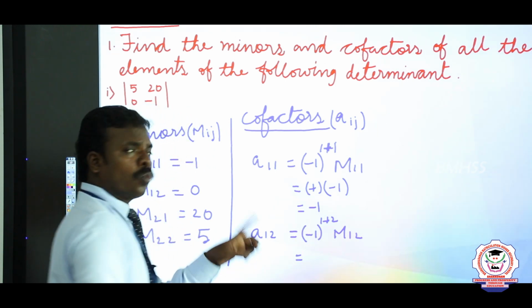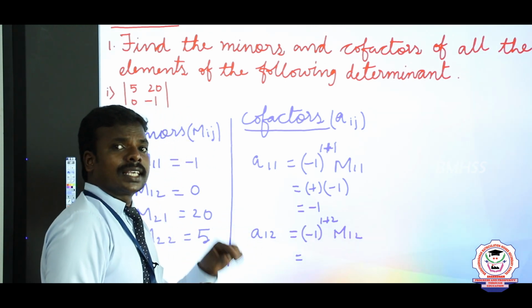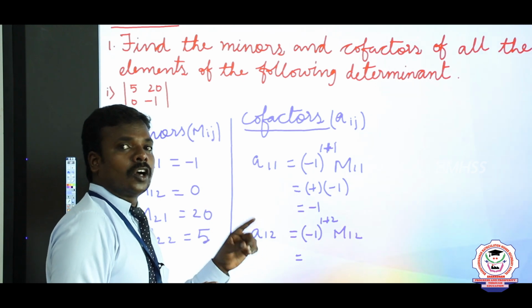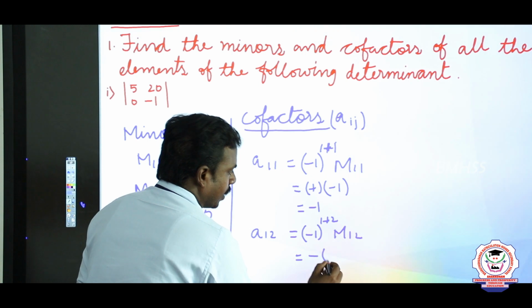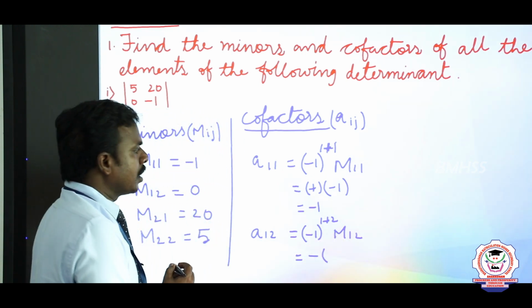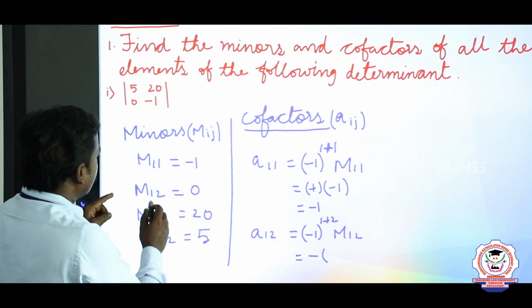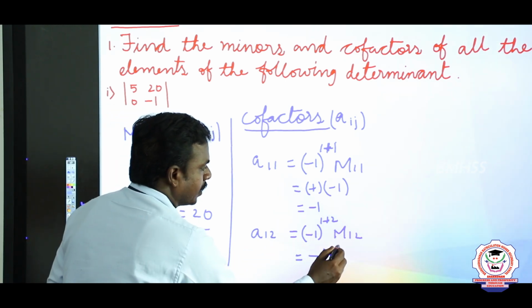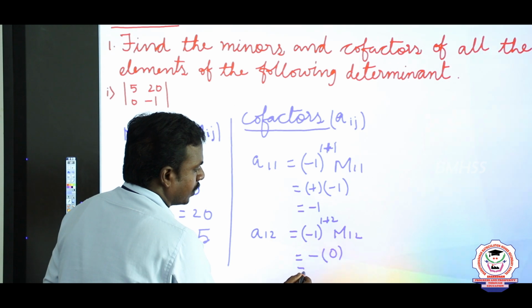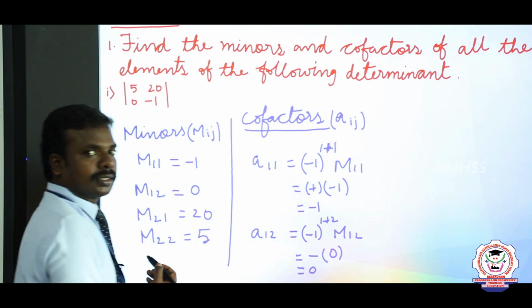Minus 1 whole power 1 plus 2, that is 3, an odd number. So again we will get a negative sign. So minus into M12 value. The minor value of position 1, 2 is 0. So minus into 0 equals 0, because that is neutral.